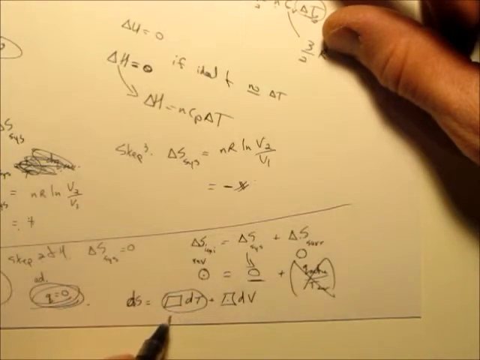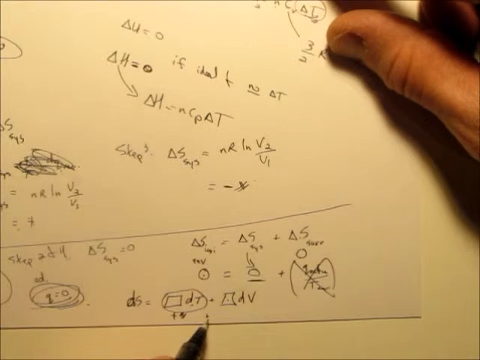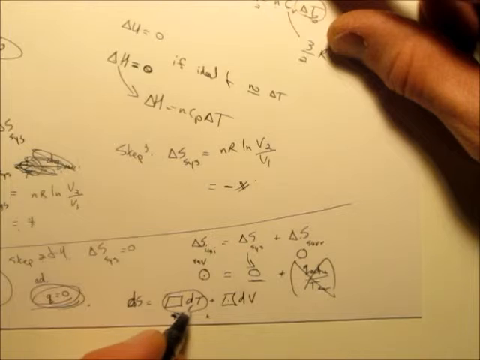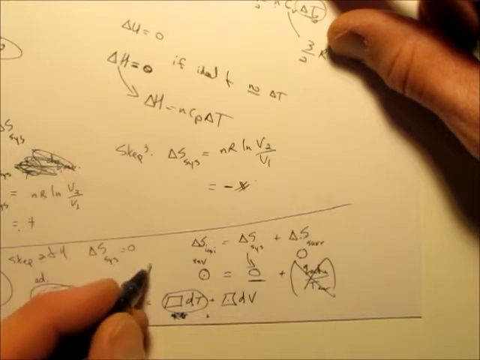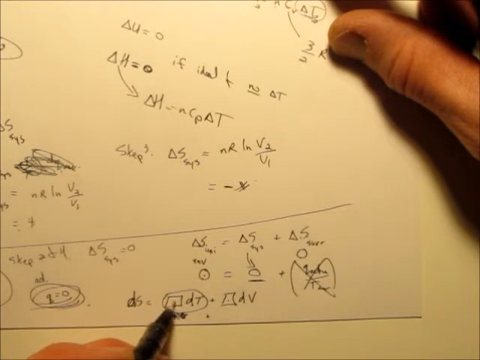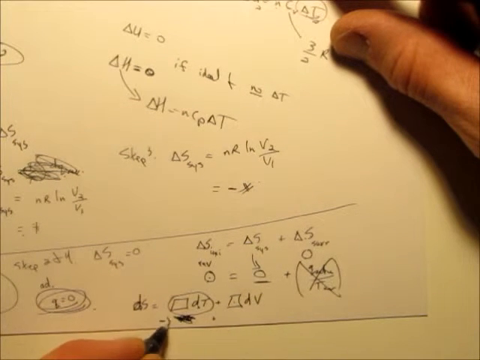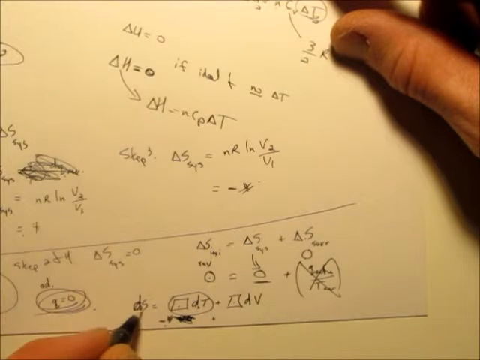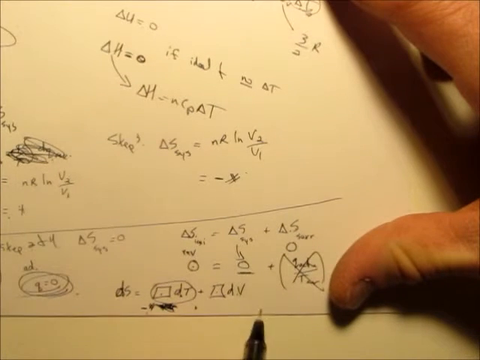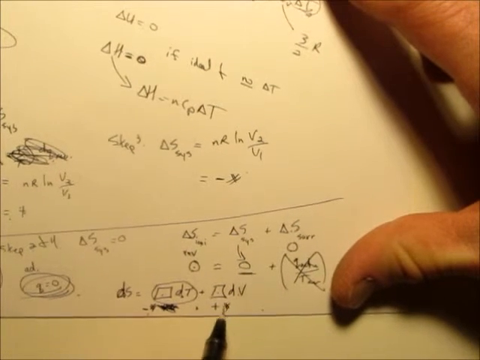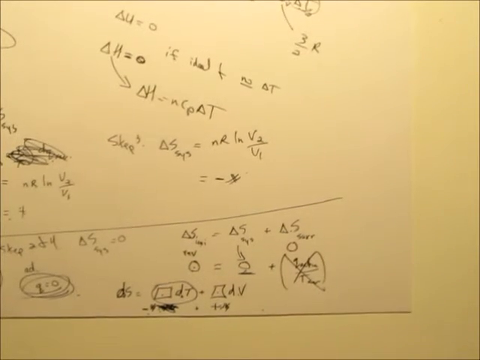If the temperature goes up, this is a positive number. But the temperature dropped. It went from 600 in step 2 down to 300. So because of the temperature change, there'll be a negative number for the temperature contribution to entropy. The volume gets bigger, so it'll be a positive number, and they will be equal and offsetting to make that 0. So that's the logic behind it.